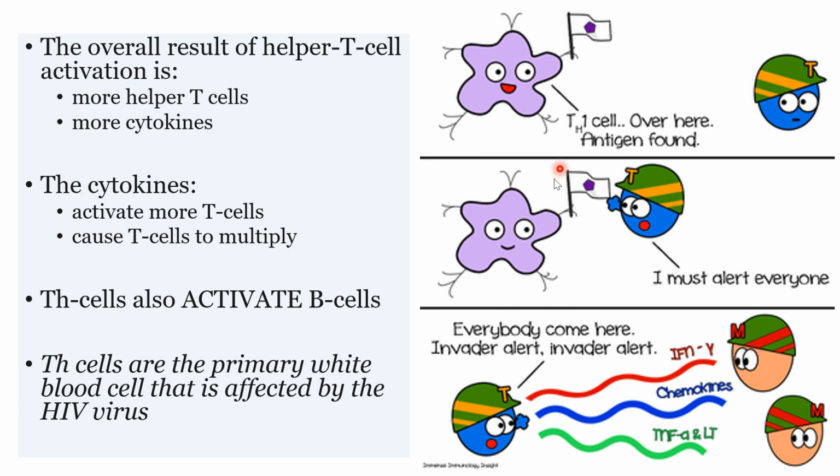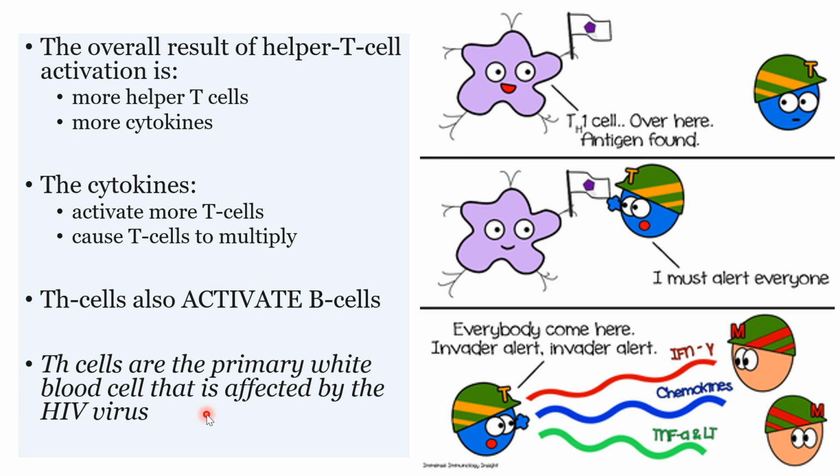So the T helper cell looks at the antigen and says, hey, I've got to tell everybody what's going on. It does so by secreting different cytokines such as interferon, tumor necrosis factor, leukotrienes, chemokines, and these monocytes here, macrophages, are going to be alerted. That's just one type. It'll alert a whole bunch of people.